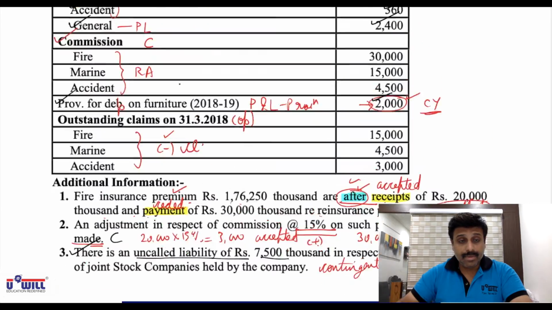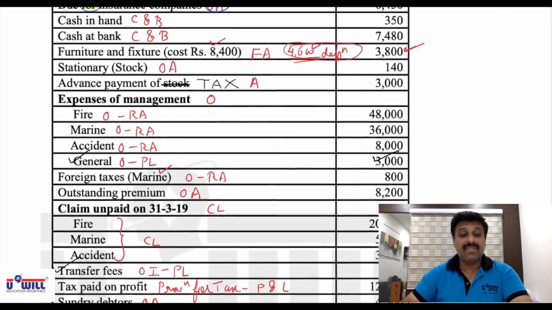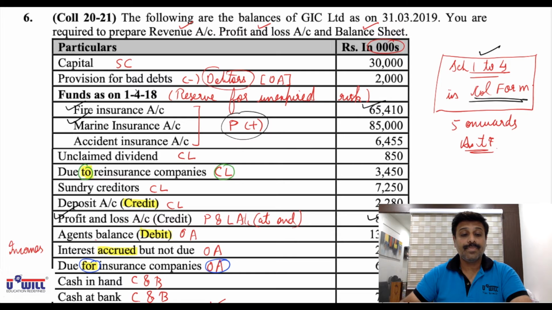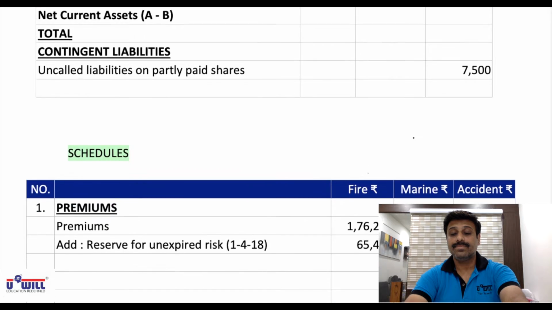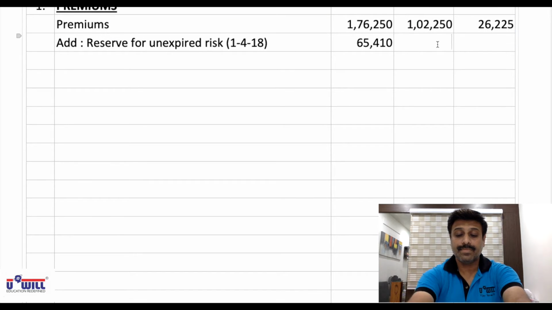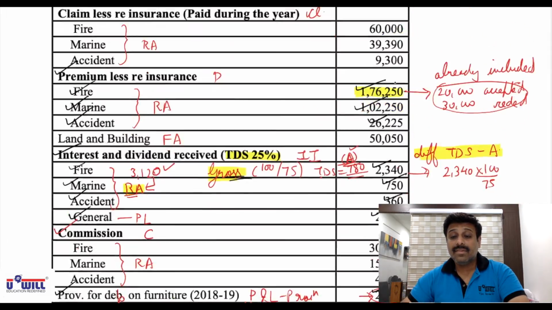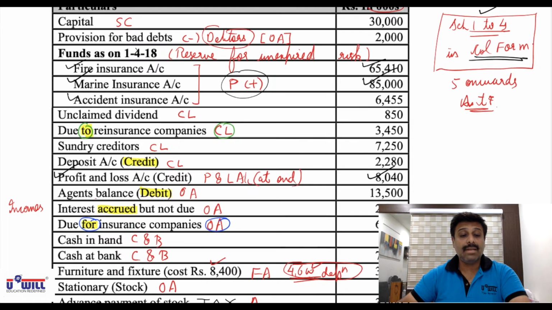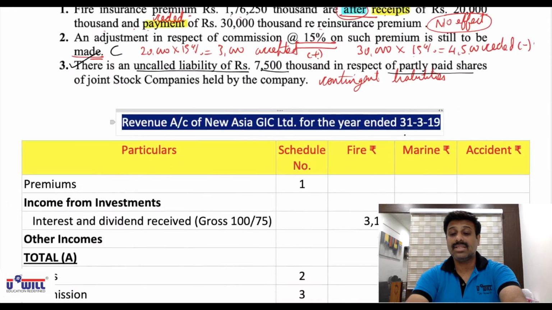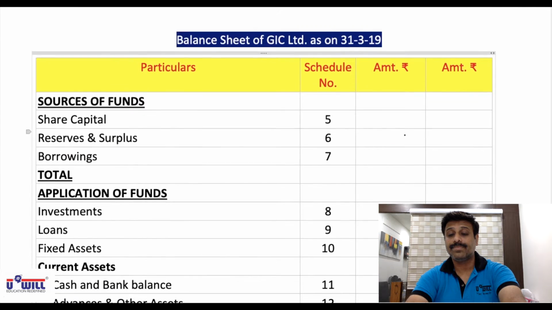Other than that, Marine's amount of fire fund is 85,000. Then after Marine, the accidents amount here is 6,455.